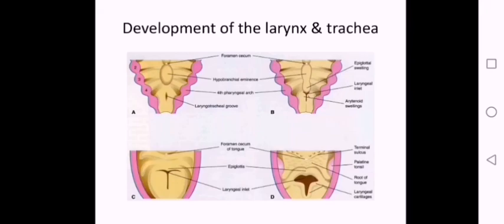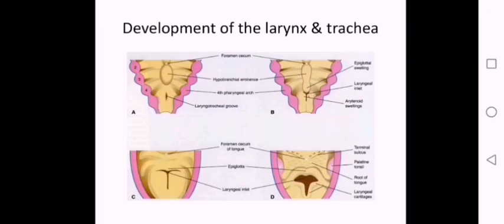As we may know, the pharynx is the most cranial part of the foregut, and it has 6 pairs of pharyngeal arches. Here the 2nd, the 3rd, the 4th, and the 5th are rudimentary and don't contribute to any elements of the head and neck, and the 6th arch.